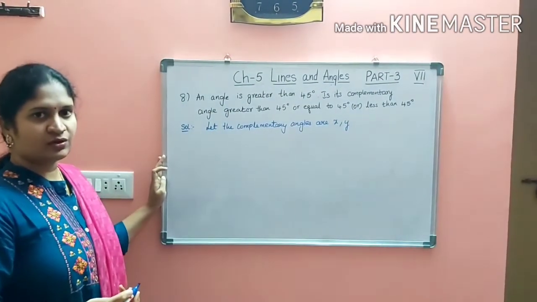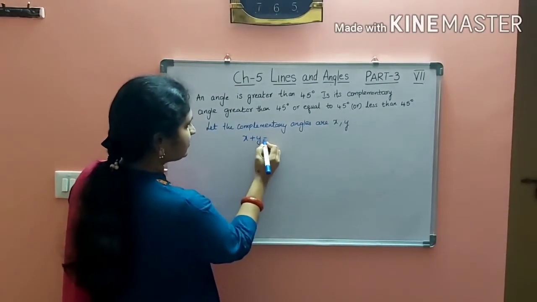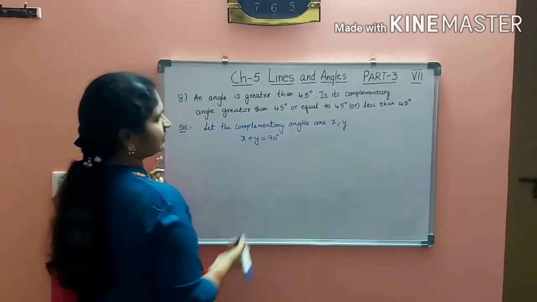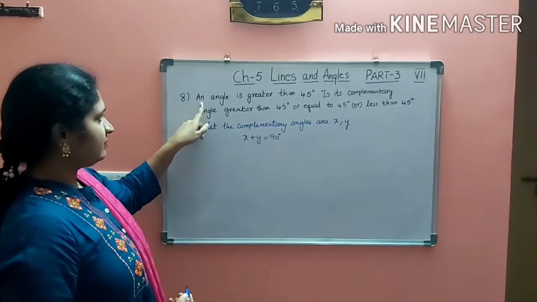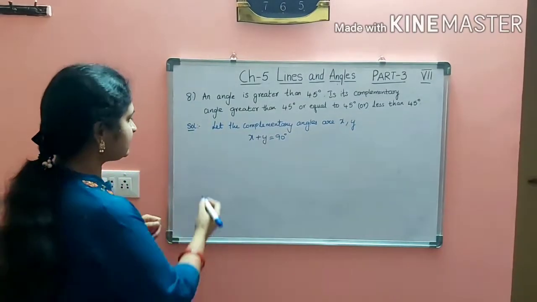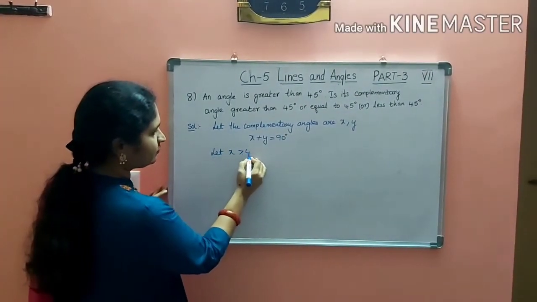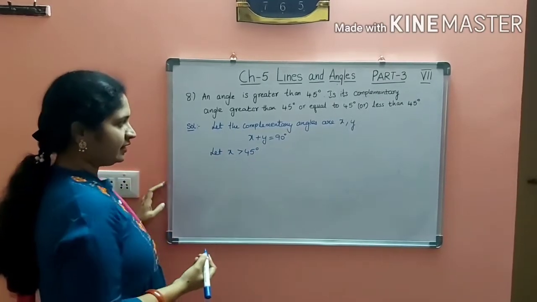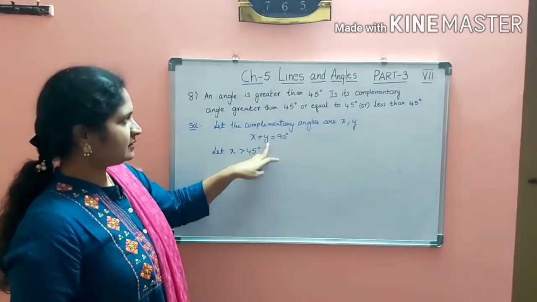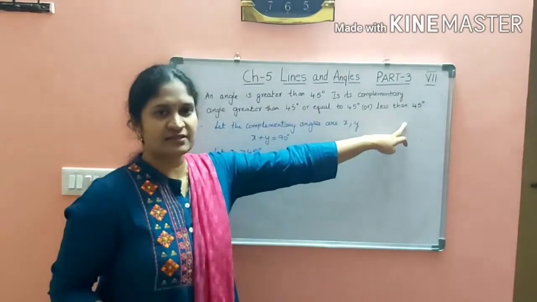Since x and y are complementary angles, x plus y is equal to 90 degrees. First, what they have given, an angle is greater than 45 degrees. For this I am taking, let angle x be greater than 45 degrees. I need to show that either y is greater than 45 or equal to 45 or less than 45.